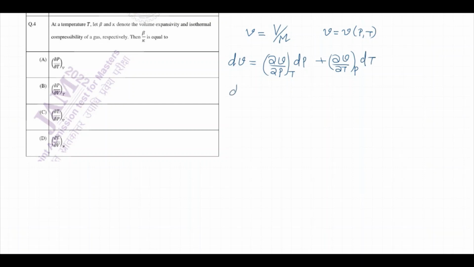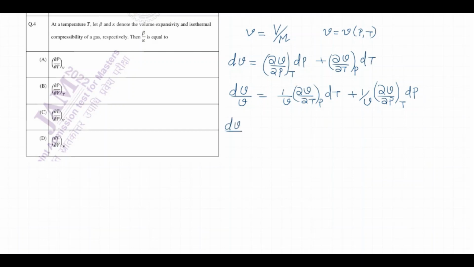If we divide throughout by small v, this becomes 1 by v dou v by dou T at constant P dT plus 1 by v dou v by dou P at constant T dP.